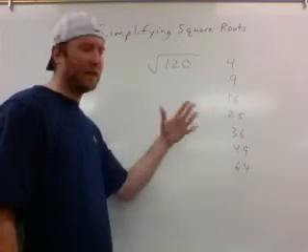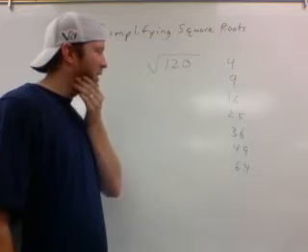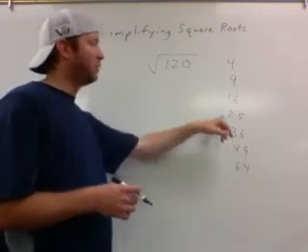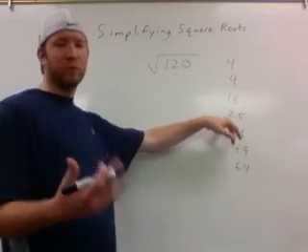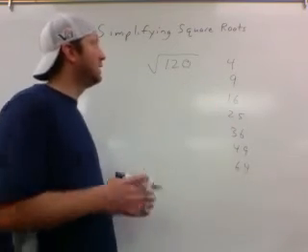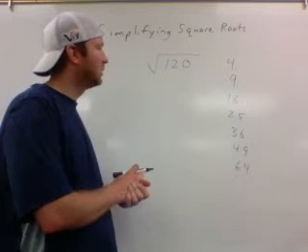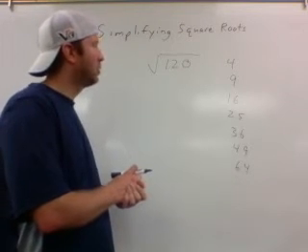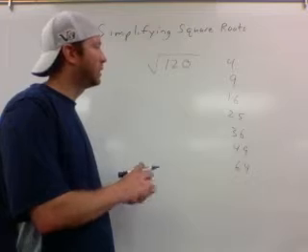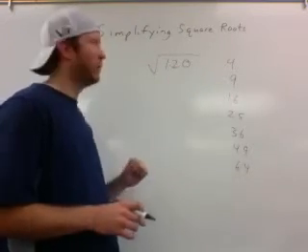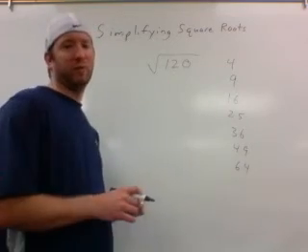Times 3 is 108, so that's not working. And times 2, I don't think that's going to work for us. 25, no, that'd be 125. 16, maybe? 16 times 5 is 80, times 6 is 96. Not sure that's working for us, so I don't think 16 does. 9, nope, add the digits, it's not divisible. So it really might be just down to 4.